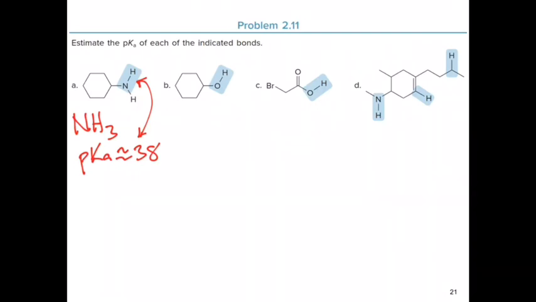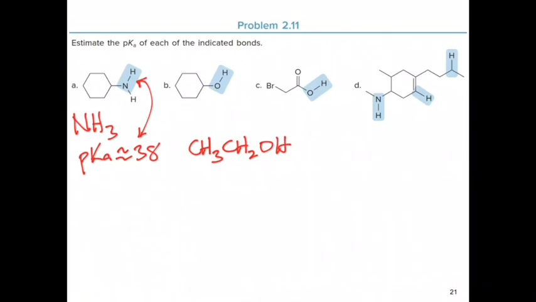All right, and the next one is an oxygen to hydrogen bond. And so looking at the table, you would see that one of the molecules is an alcohol. And this is basically what an alcohol is. Anything that contains an OH group that's bonded to a carbon is an alcohol.